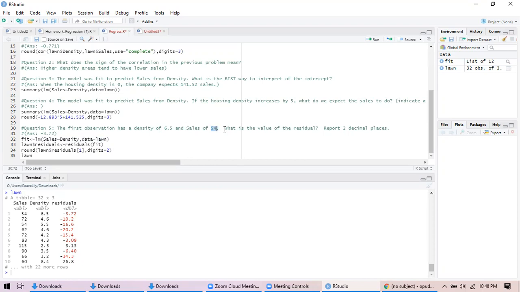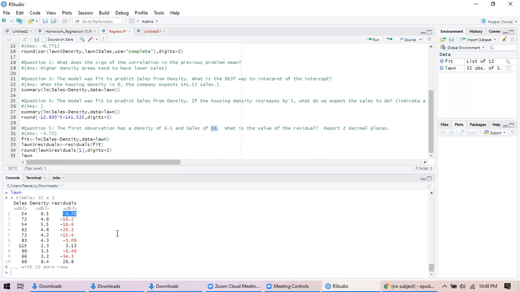Okay, so which one is that? We have that one, right? Yes, that's this one here, the first one. So what's the residual of that one? That would be negative 3.72.